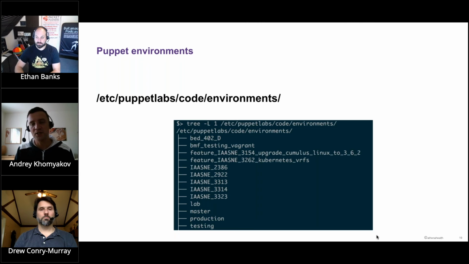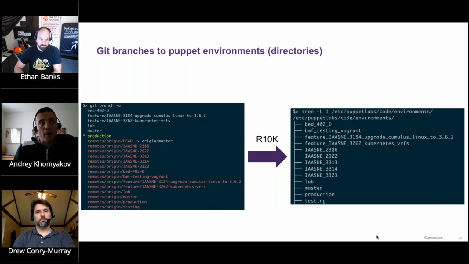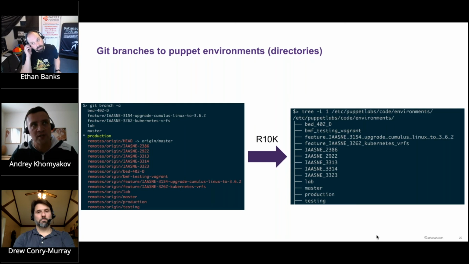If you say git checkout and the name of the branch, you stay within the same folder, and the Git subsystem just slips in the code in that branch. So how do you convert the branches shown here on the left in red, all my Git branches stored on the Git server, into folders? Puppet uses these folders as environments.